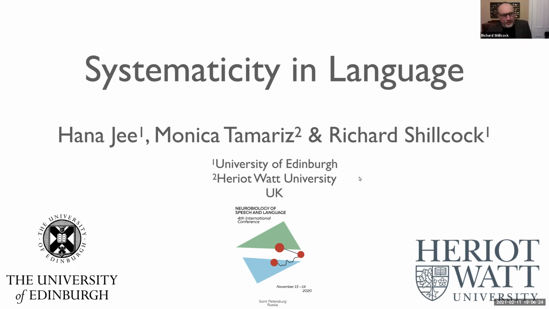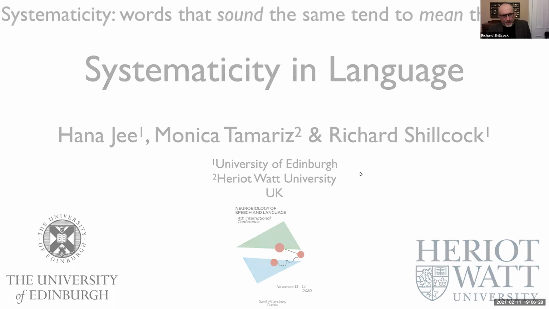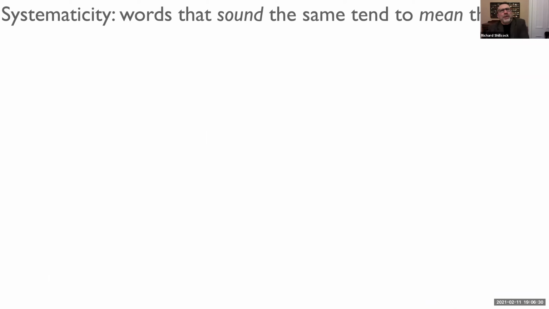So let's go on to the first slide. What we're talking about here is the idea that words that sound the same tend to mean the same. Most of us are aware that there are little pockets in the lexicon, like with the word sneeze, where there are lots of other words like sneeze: snore, snout, snozzle, sneer, snot, sniffle.